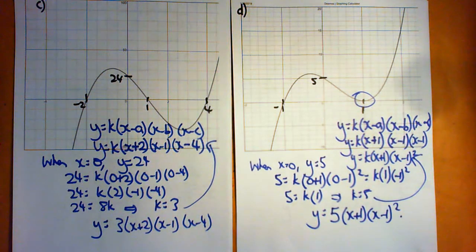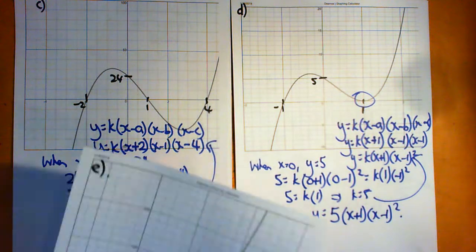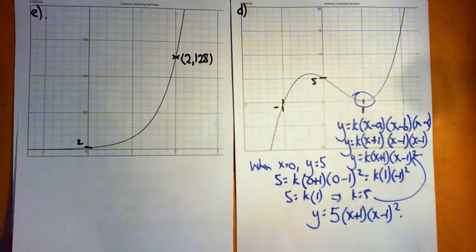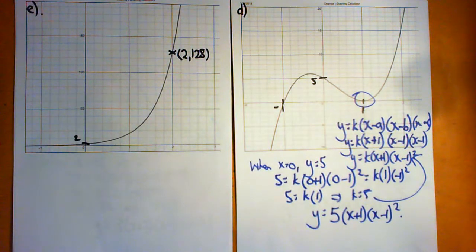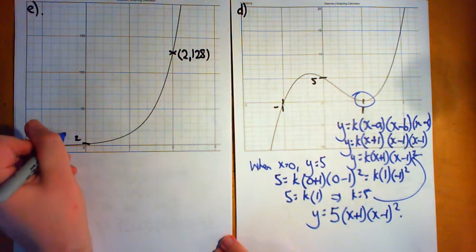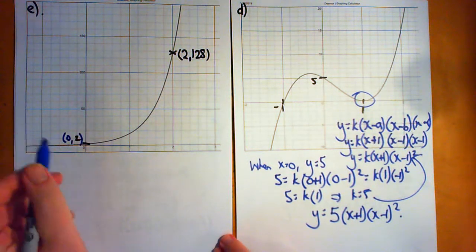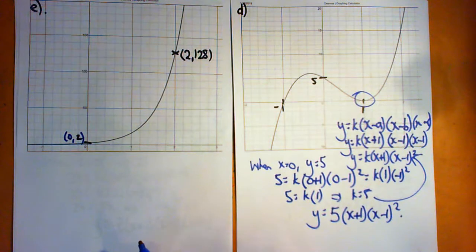Okay, one more graph to do on this video, and it's this one. So we have 2 points that it goes through: the point (0, 2), and the point (2, 128). Okay, so it's not a cubic, it's not a quadratic, and it's not a straight line.